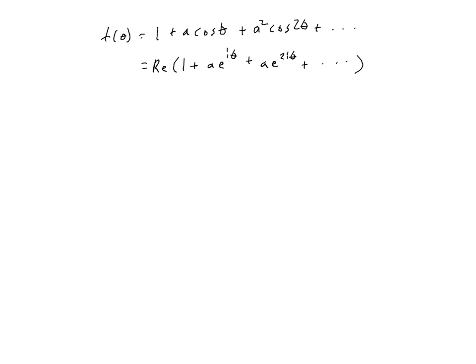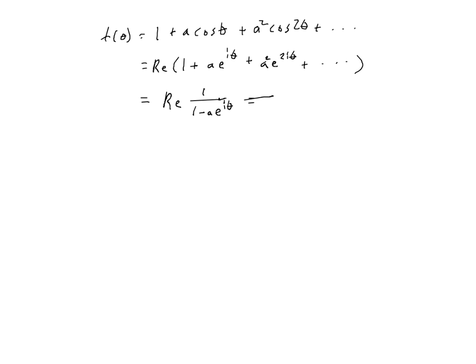The first one doesn't. And so you can write out the geometric series as being the real part of this, where your r, oh sorry, this is a squared. Your r is going to be equal to a e to the i theta. So you're going to sum over 1 minus a e to the i theta. And then, when you take the real part, what you have to do is rationalize the denominator.